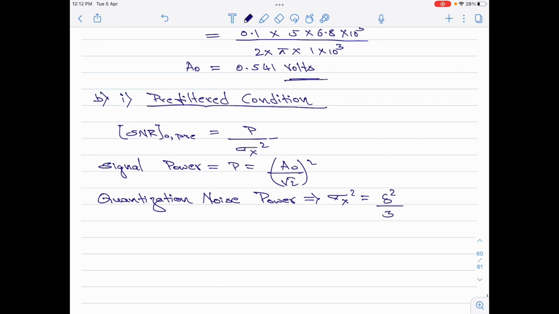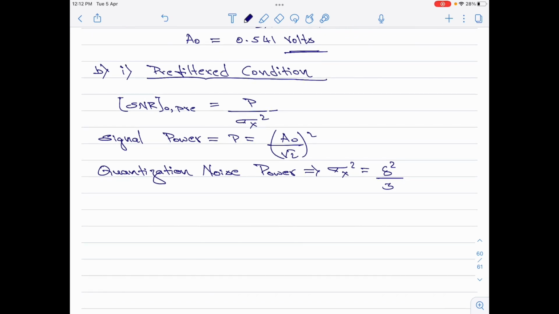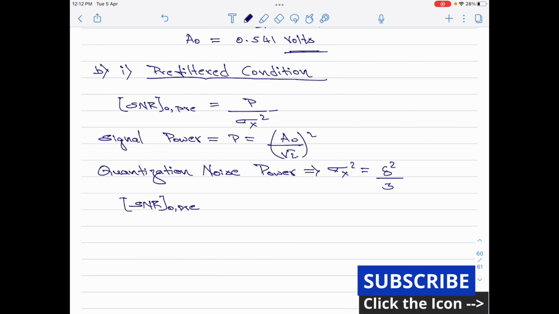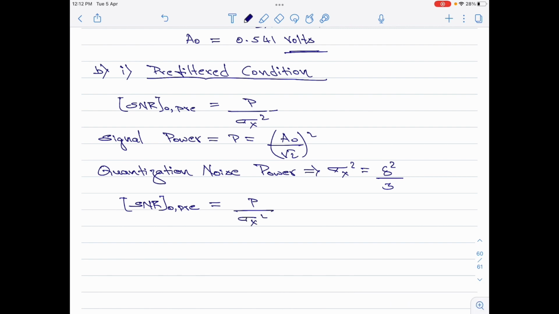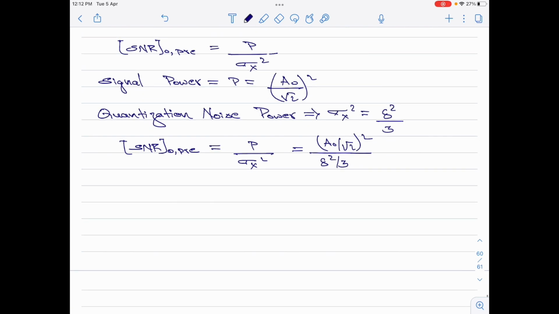So I'll substitute these into the SNR output equation for the pre-filtered condition. This is equal to P divided by sigma x square, equal to A naught divided by root 2 whole square divided by delta square divided by 3. This reduces to A naught square divided by delta square multiplied by 3 divided by 2.